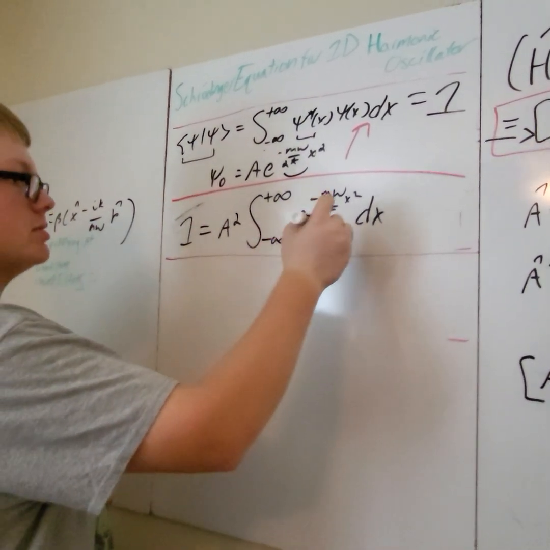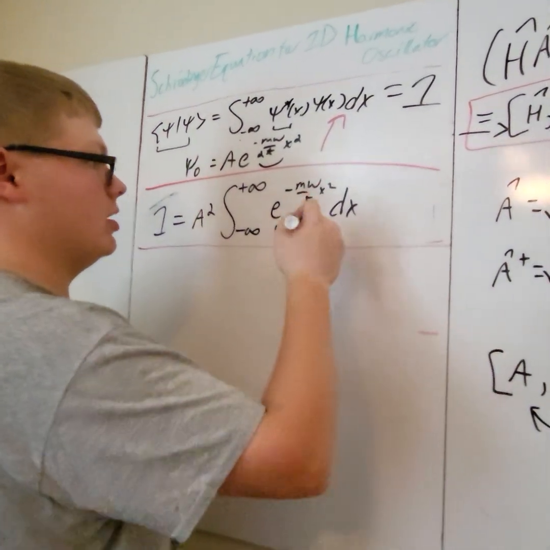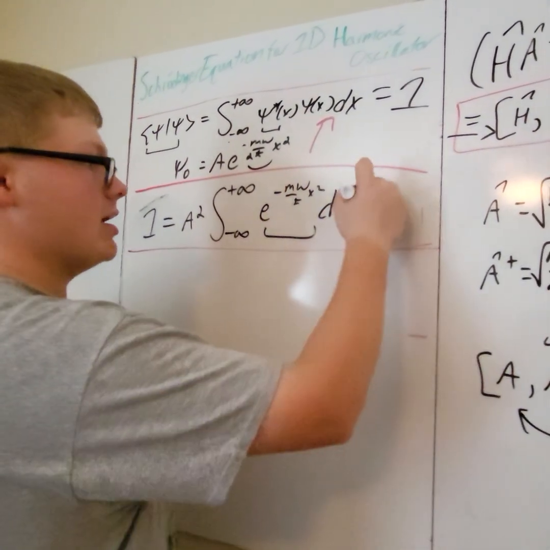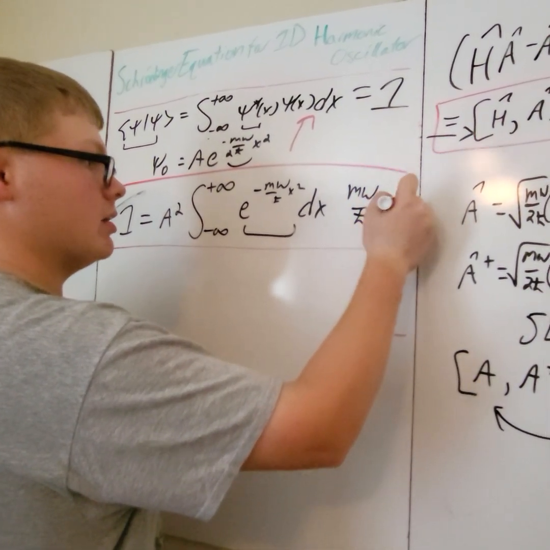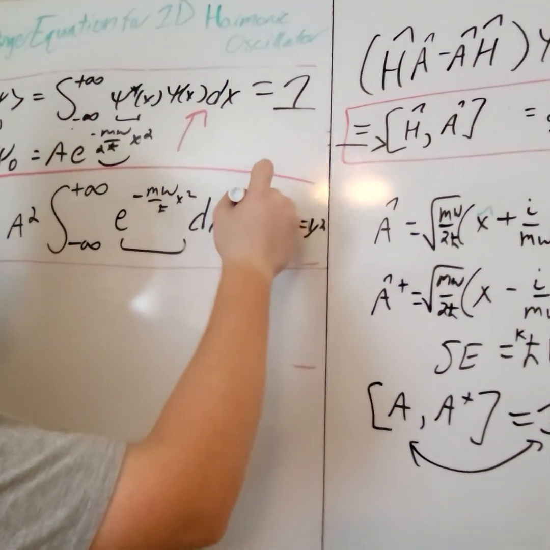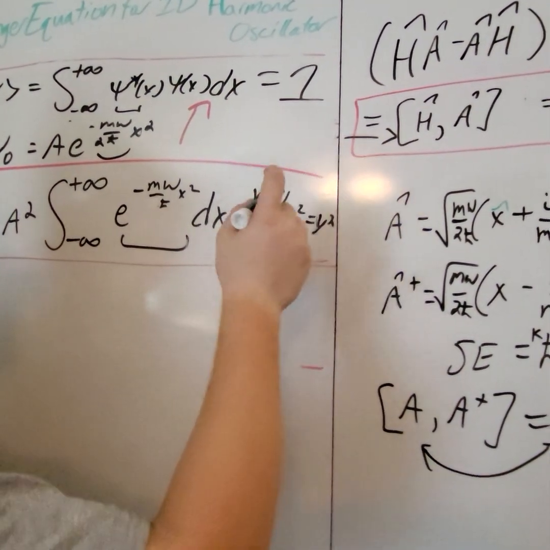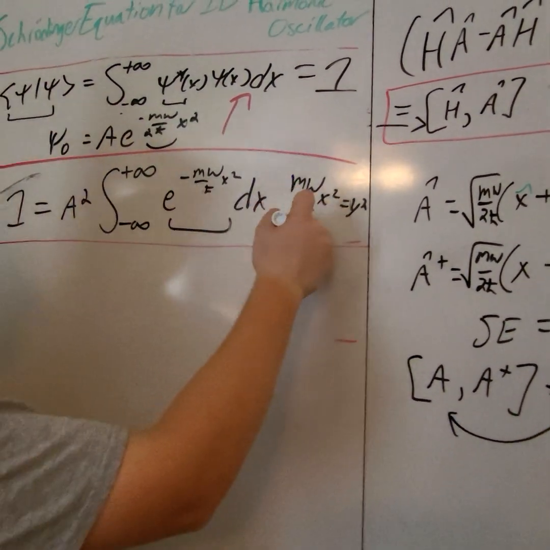Now, this is where you absorb terms. We're going to substitute mω over ħ times x squared equals y squared. We're going to substitute the bounds. This is a finite number.